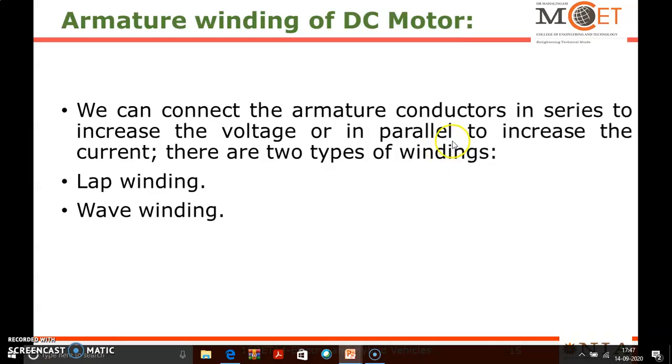Suppose we want to increase the current, then this armature winding is connected in parallel. They are categorized into two types, lap winding and wave winding. In the case of lap winding, the number of poles is equal to the number of parallel paths. In the case of wave winding, the number of parallel paths is always fixed as 2.